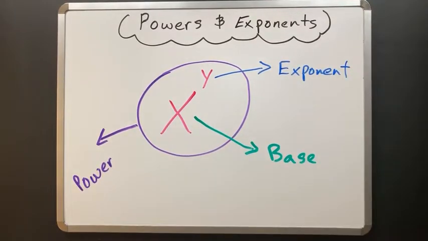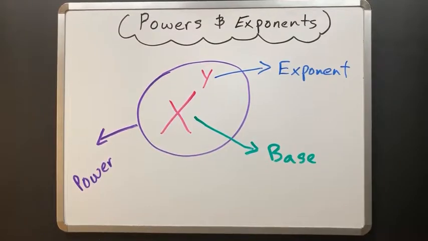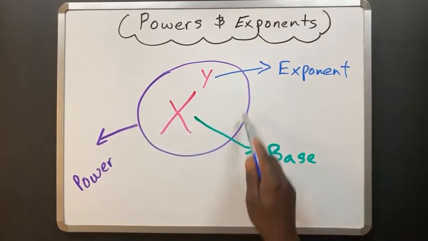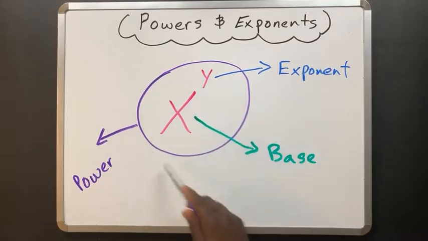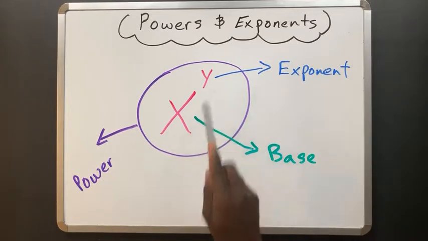So in this case, we have a base raised to an exponent, and that is what makes the power a power. I've seen students refer to the whole thing as an exponent, and that's not true. So draw this, pause the video if you need to, and copy these notes and copy it correctly. This entire math expression expresses a value. It's called a power. You have the base x and the exponent y.